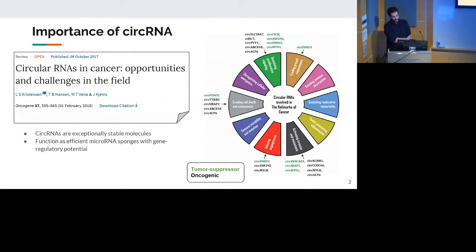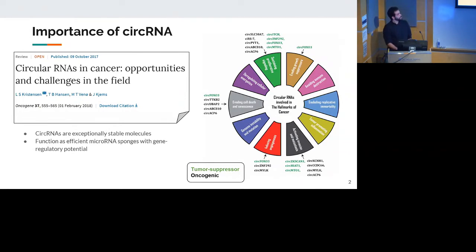There are some studies that show that circRNAs are involved in some diseases, such as cancer. For example, in this study, it is shown that circRNAs, which are exceptionally stable molecules, function as efficient microRNA sponges with gene regulatory potential and have some roles in cancer.